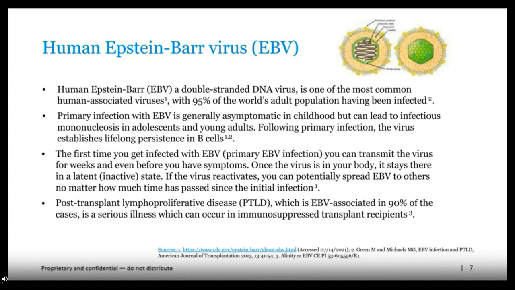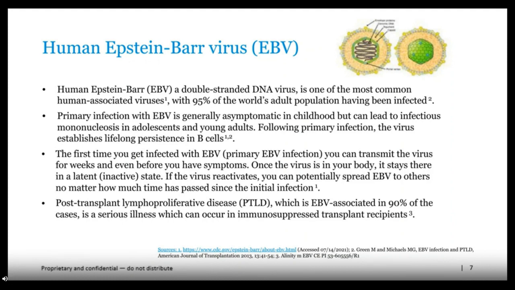Following the primary infection, the virus establishes a lifelong latency or persistent infection in B cells. The first time you get infected with EBV, you can transmit the virus for weeks, even before you have symptoms. Once the virus is in your body, it stays there in a latent, inactive state. And if the virus reactivates, you can potentially spread EBV to others, no matter how much time has passed since the initial infection.